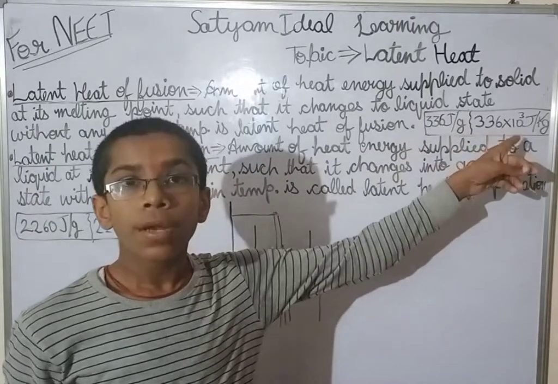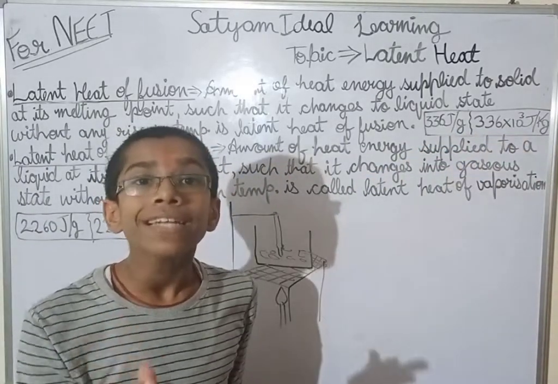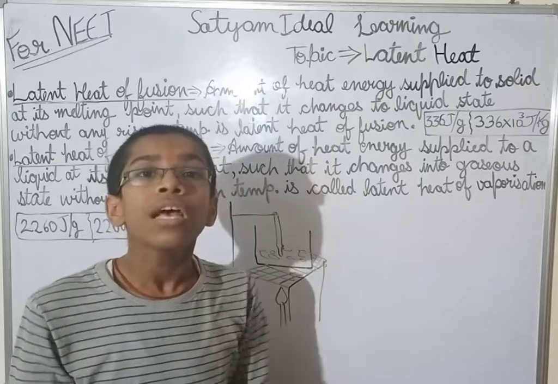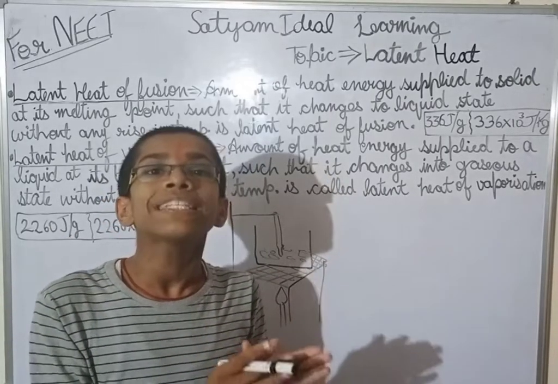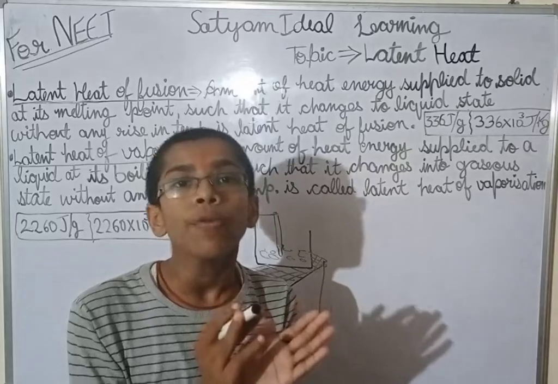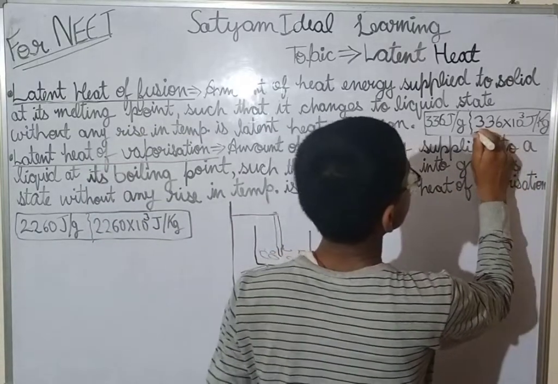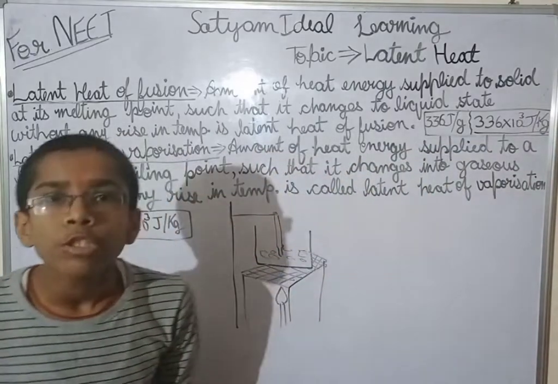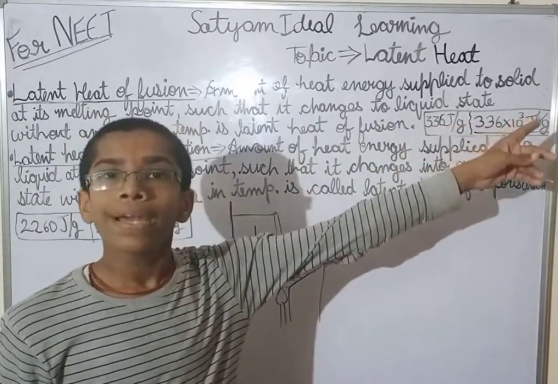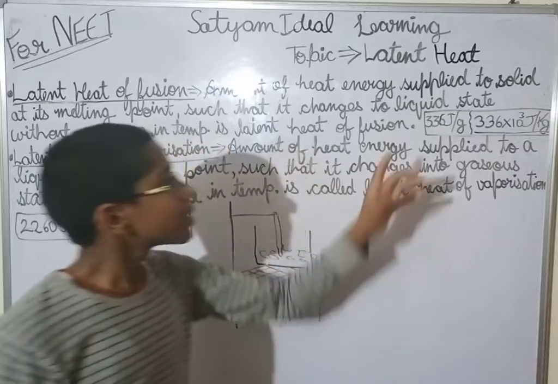Why is this? Because I have said the amount of heat energy required to change 1 kilogram of ice at 0 degrees Celsius. When we say 1 kilogram of ice, then this numbering will come, 336 into 10 raised to power 3 joule per kilogram.